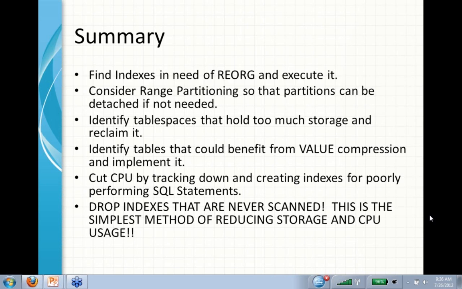Great. And Brian, we did have another question come in from Costa Mesa. Does HADR pose reorg challenges? Not necessarily, no. Reorg is logged, so anything that's logged in a database is also replayed on your HADR standby system.